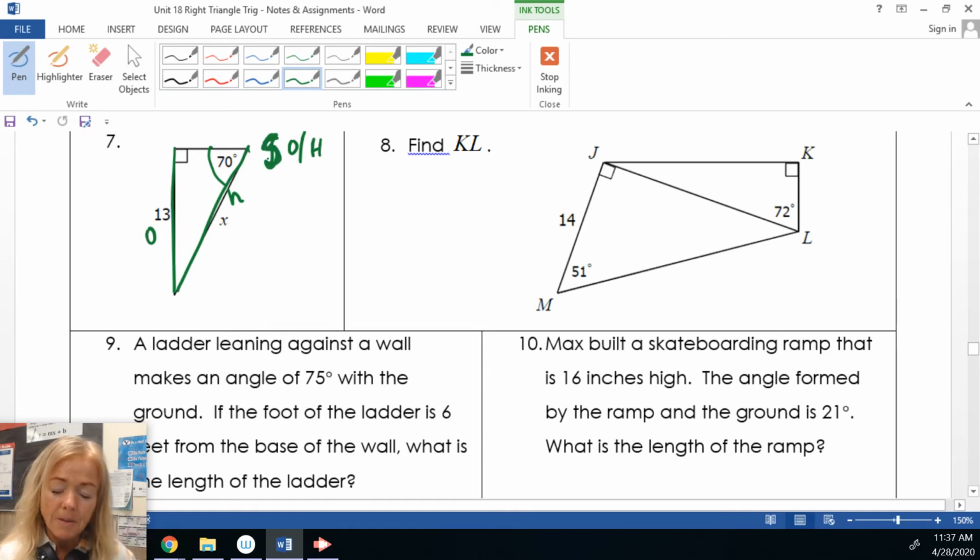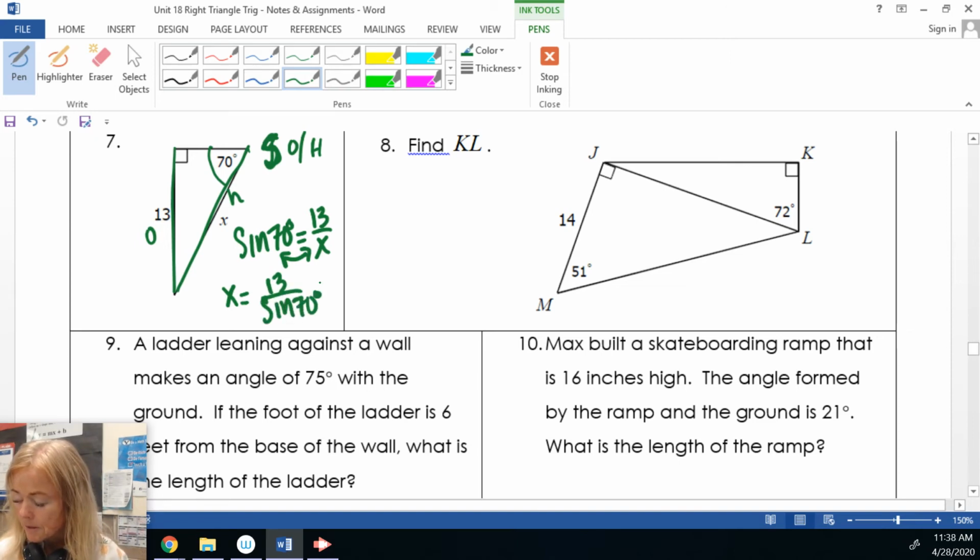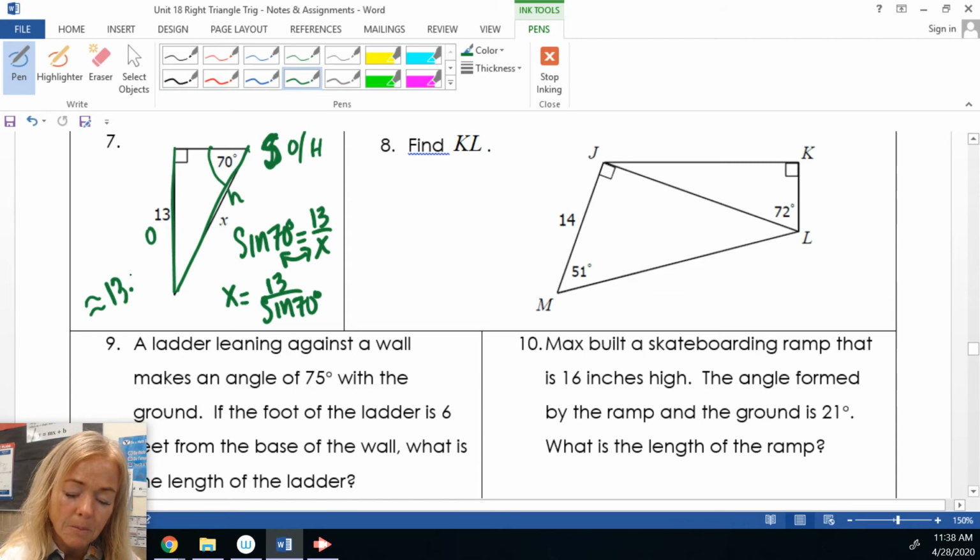Sine is opposite divided by hypotenuse, which we have. So sine 70 degrees is equal to opposite over hypotenuse, 13 over x. Again, x is on the bottom, so we're going to switch. x equals 13 over sine 70. Then just place that in the calculator. 13 divided by sine 70 is approximately 13.8. All right, so pretty easy stuff there.